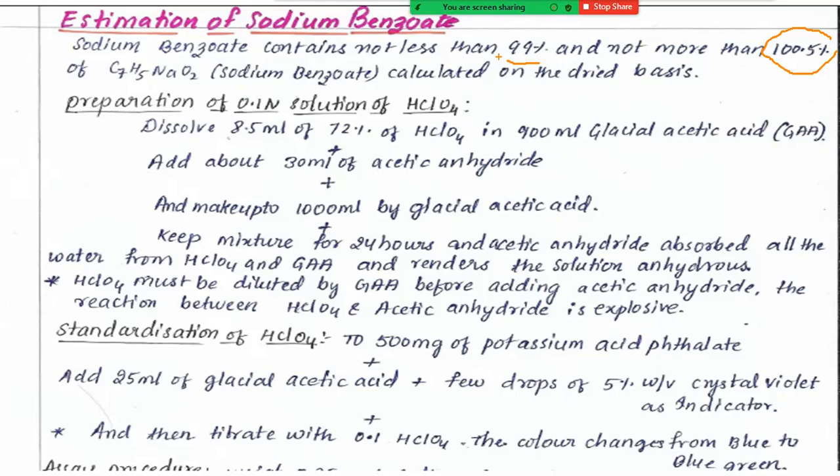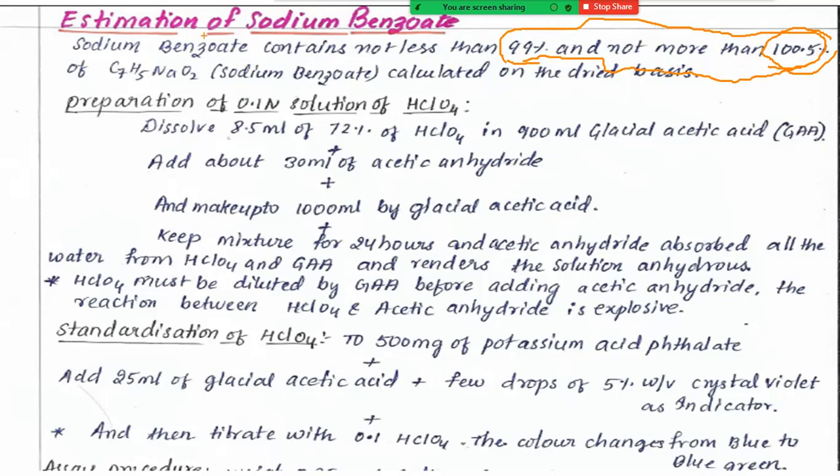When we place it in a hot air oven for a prolonged time of heating, the water molecules which are there in the compound will be evaporated, so that we can get a higher percentage purity than 100. So this is the reason for getting more than 100 percent purity for compounds. Here sodium benzoate has more than 100 percent purity, that is 99 to 100.5%.